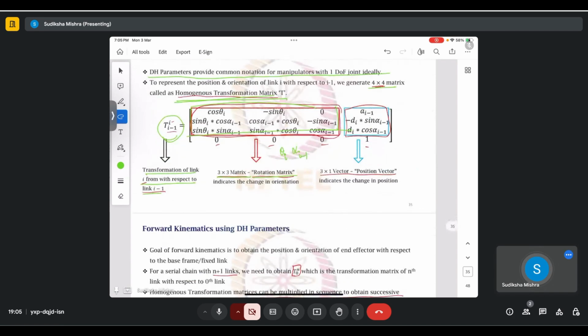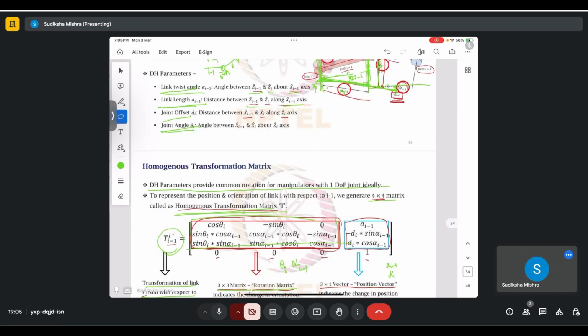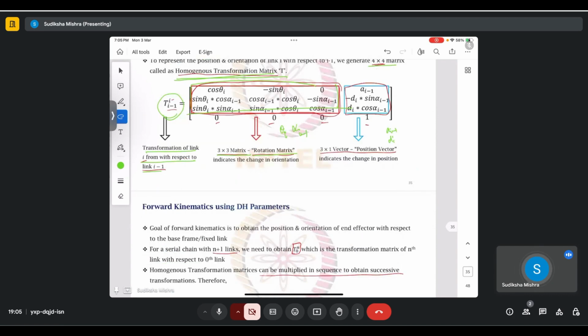So all of the angular terms come here. The other one is a 3x1 vector, which is a position vector, which has terms pertaining to a i minus 1, di, the link length and the joint offset and the link twist angle. These terms can be used to indicate the change in position.